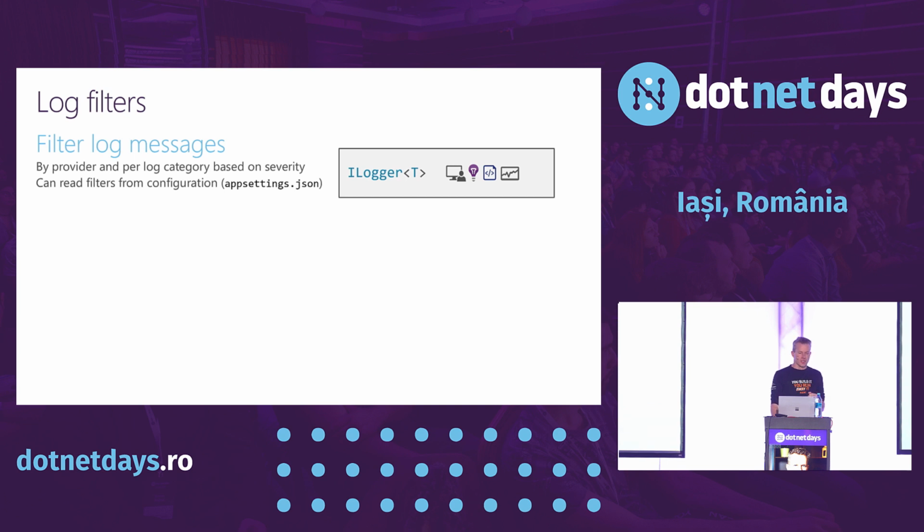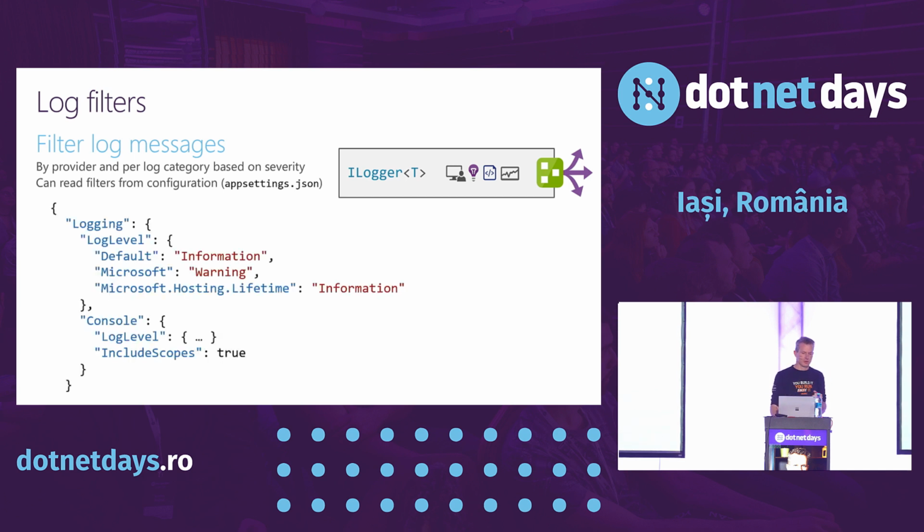You can filter the log messages, like we just said. So if you want to have, for each of those providers, a filter, you can do a configuration section inside of your app settings JSON, but you can also do this from code. But in general, you have the centralized one for each of the providers, unless specified more specifically.